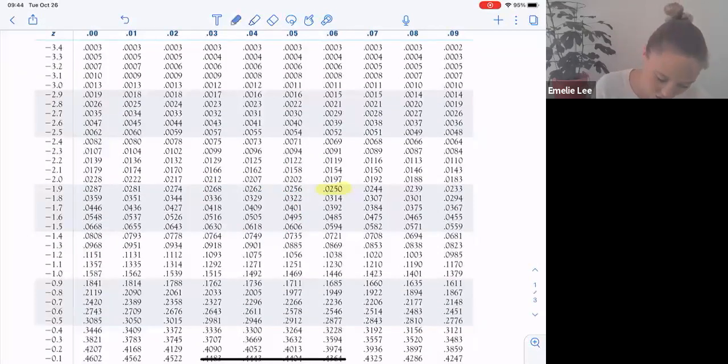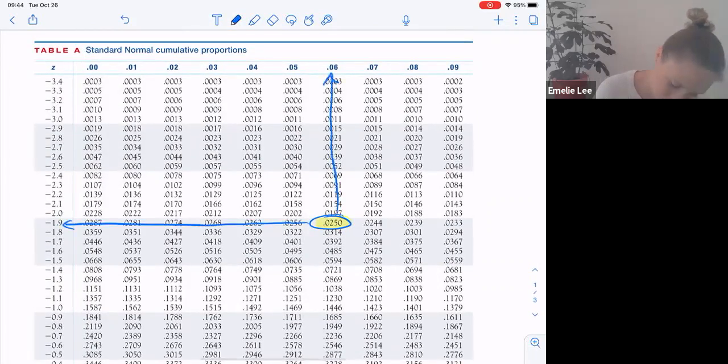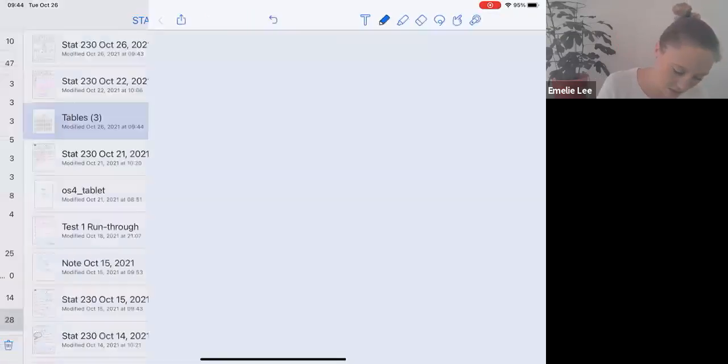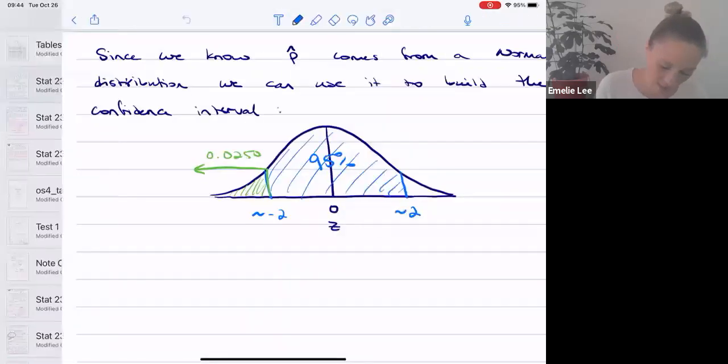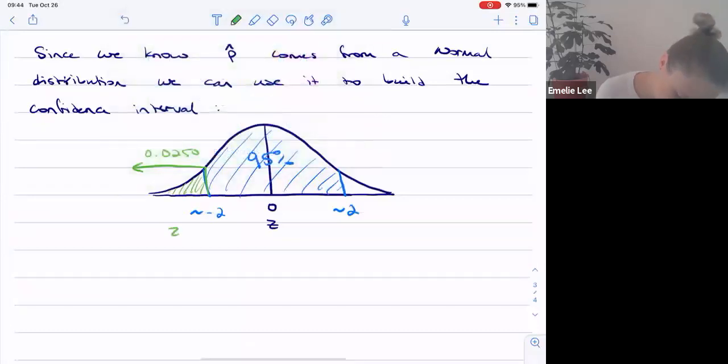Where I land on the actual value, but here we are. What luck. Looks like it corresponds to a negative 1.96. So then what that looks like here is we have Z equal to negative 1.96.